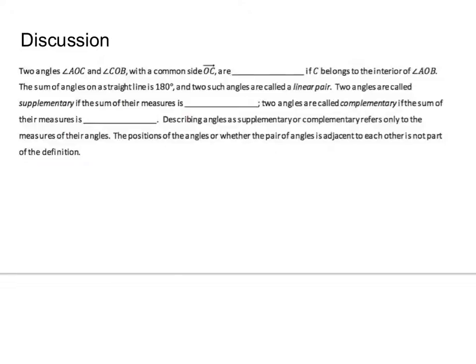Okay, our discussion. Two angles, angle AOC and angle COB, with a common side OC, are blank. Let's fill that in. I'm going to draw a picture for you guys. This is adjacent. If C belongs to the interior of angle AOB, okay, again, I'm going to draw a picture.